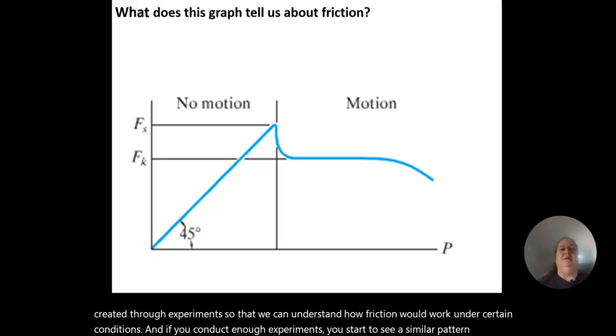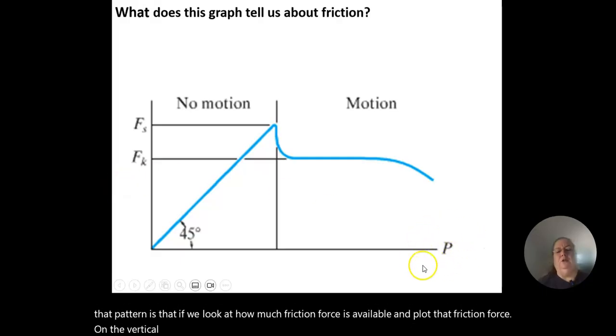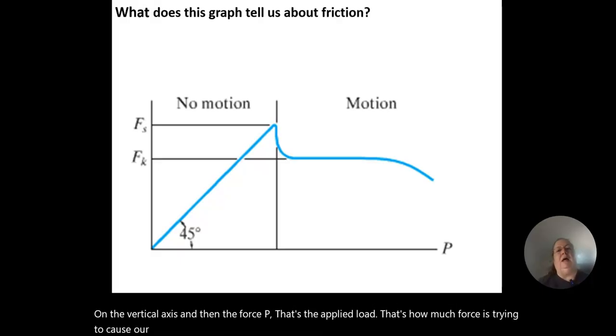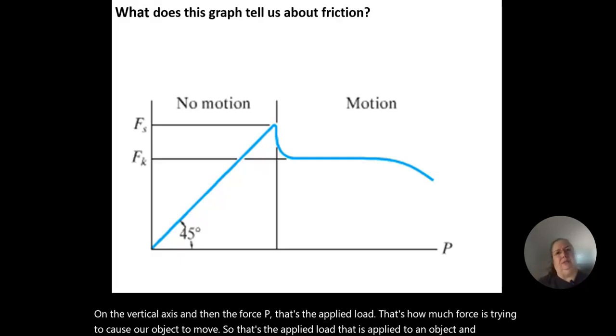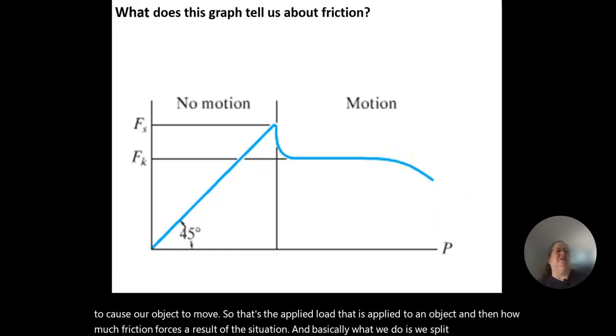If we look at how much friction force is available and plot that friction force on the vertical axis, and then the force P, that's the applied load, that's how much force is trying to cause our object to move. So that's the applied load that is applied to an object, and then how much friction force is a result of the situation. And basically what we do is we split this graph into three different sections that are worth talking about.